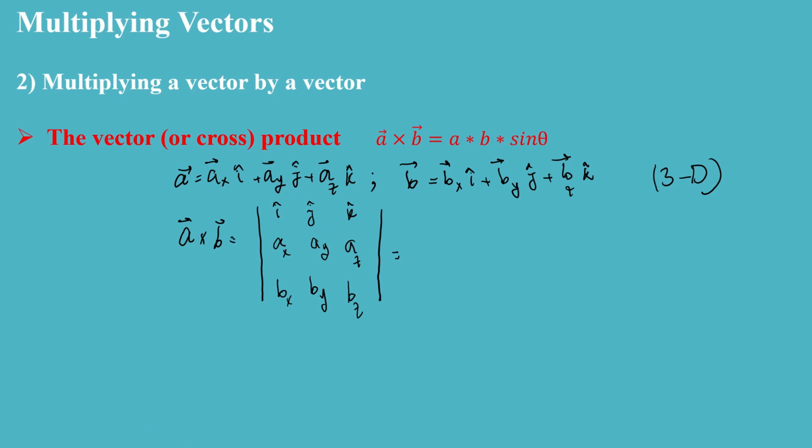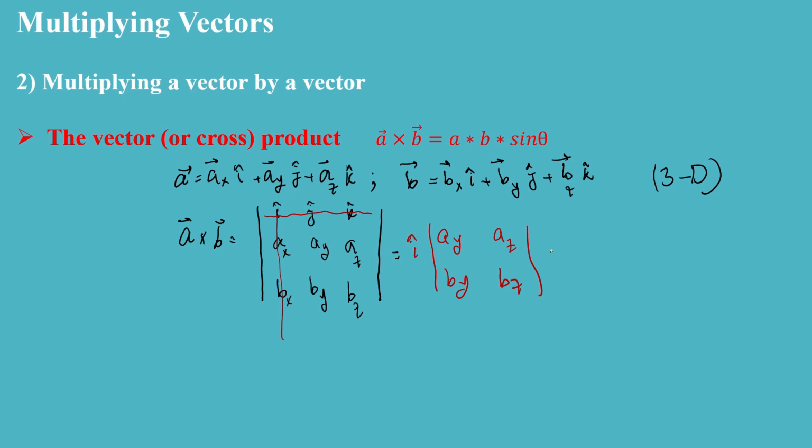And then for the first unit vector, which is i, I'm going to eliminate the first row and the first column. Now what I have left here is ay, az, by, bz, right?